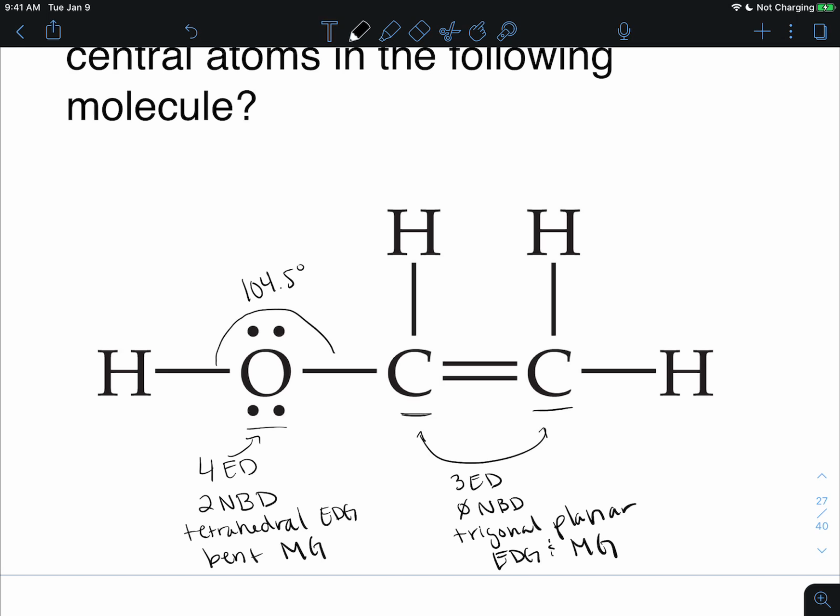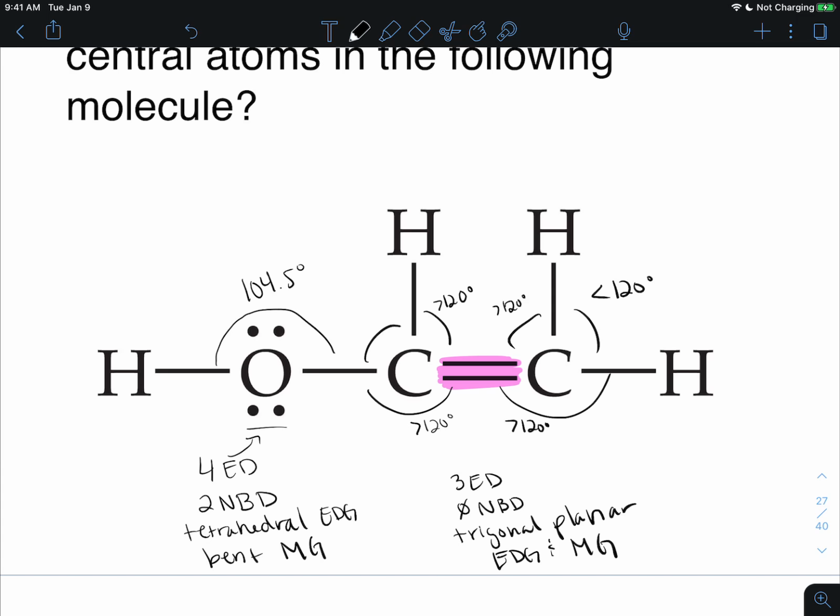Now, when we think this pair of electrons is going to repel more, so any of the bonds that are around here are going to be greater than 120 degrees. And then the last bond is going to be less than 120 degrees.